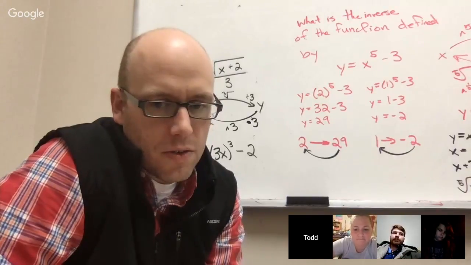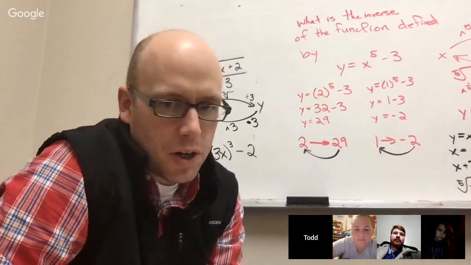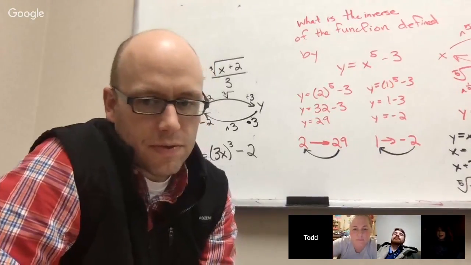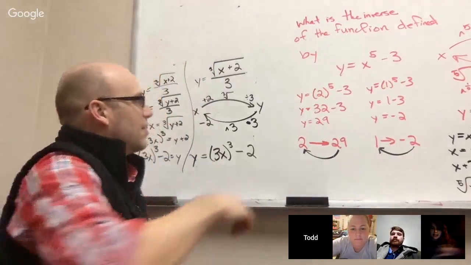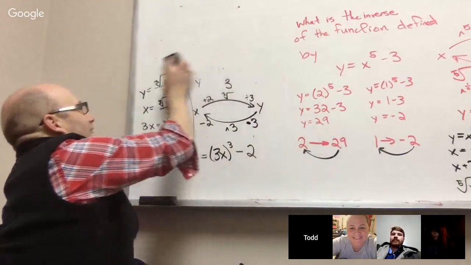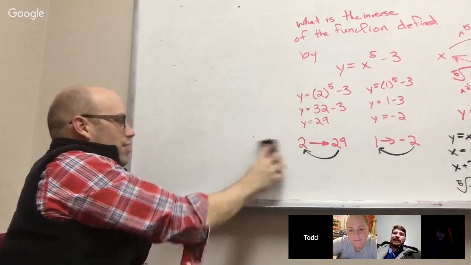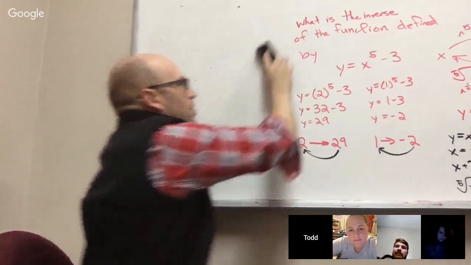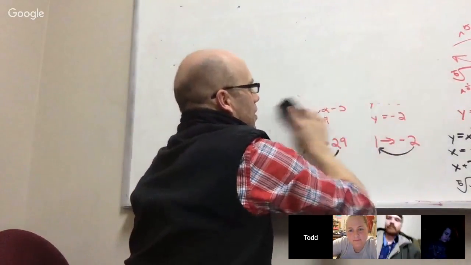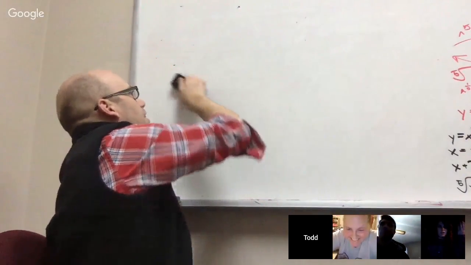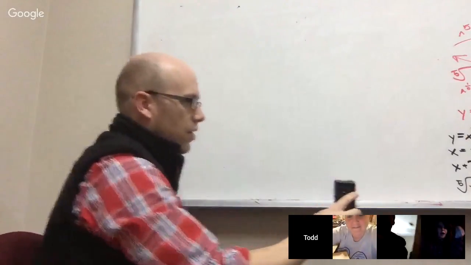Can you tell me what it means for a function to be 1-to-1? I know 1-to-1 means that every x goes to its own y.